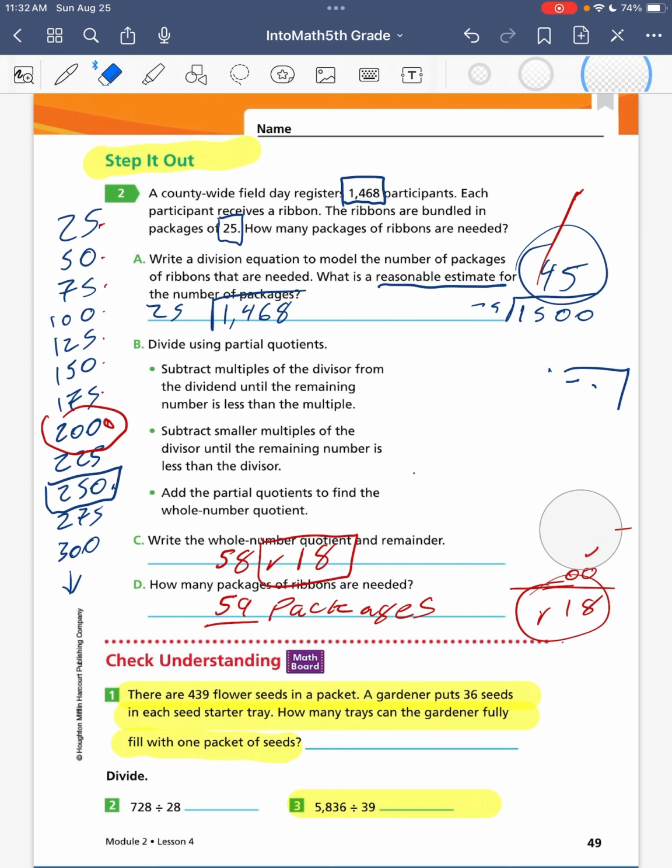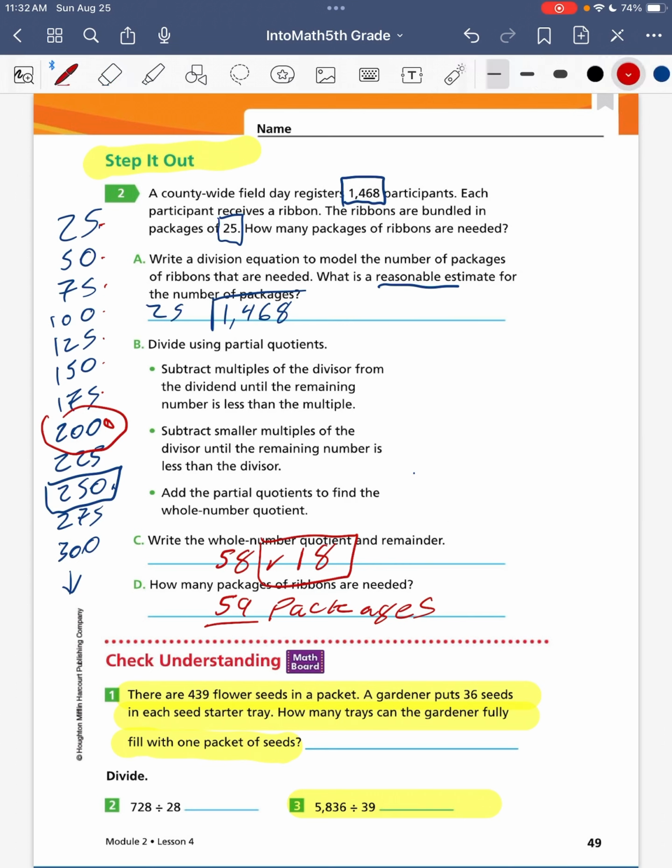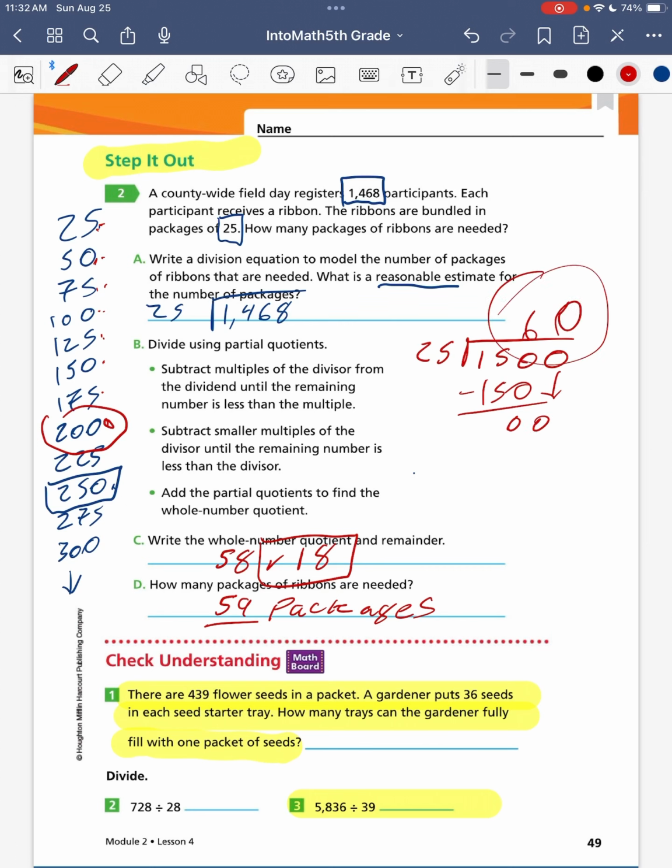But sometimes we make mistakes, and sometimes we can come back and re-examine our estimate. 25 into 1,500. 25 could go into 150, 1, 2, 3, 4, 5, 6 times. That's better. Minus 150. Carry down our 0. We estimate approximately 60. So sometimes we make errors, and that's okay.